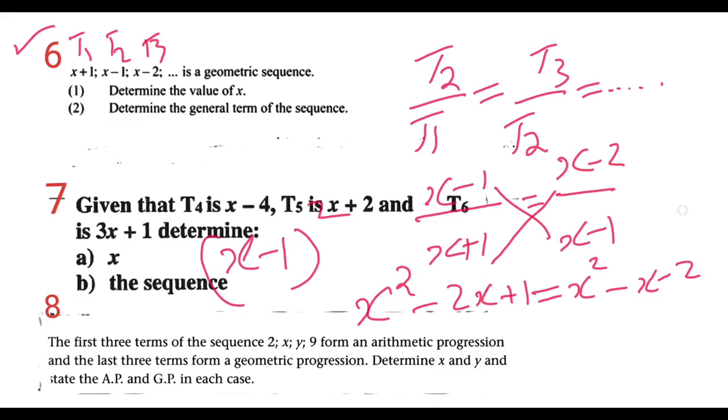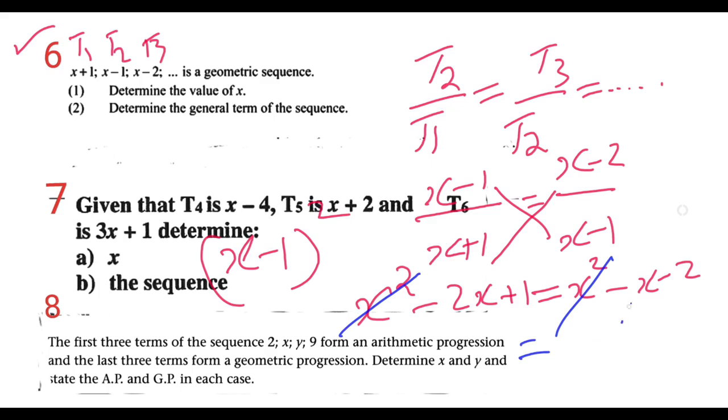So we need to simplify here. x² and x² cancel. So we got -2x + 1 is equal to -x - 2. Now all the x I must pull to one side. -2x, if I pull over this side, becomes positive 2x.